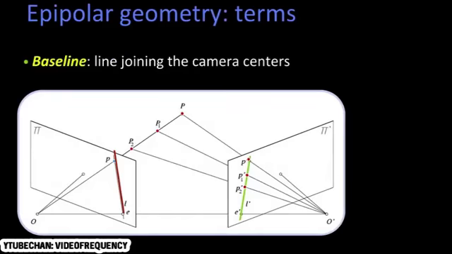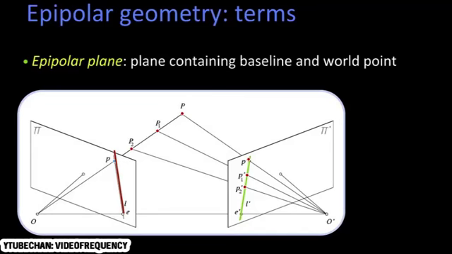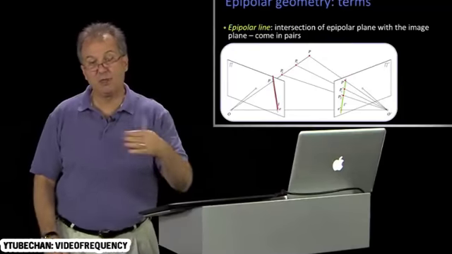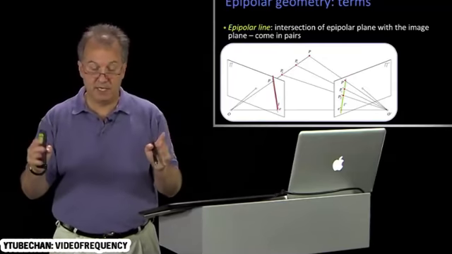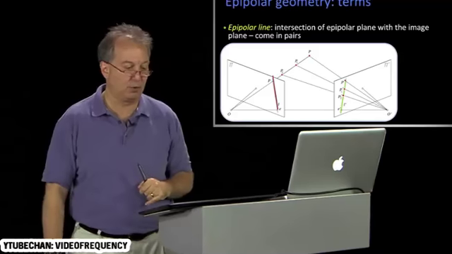It also allowed us to define a couple of terms. So the baseline was just the vector separating the two centers of projection. The epipolar plane we just talked about, given a world point, and that baseline defines the plane. The epipolar lines were the intersection of the epipolar plane and each of the image planes. So that's a pair of corresponding epipolar lines.